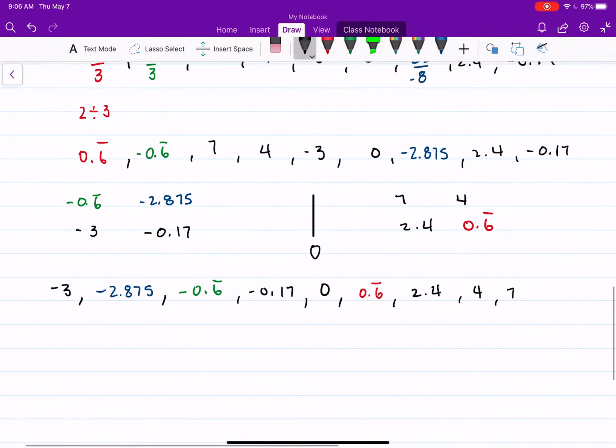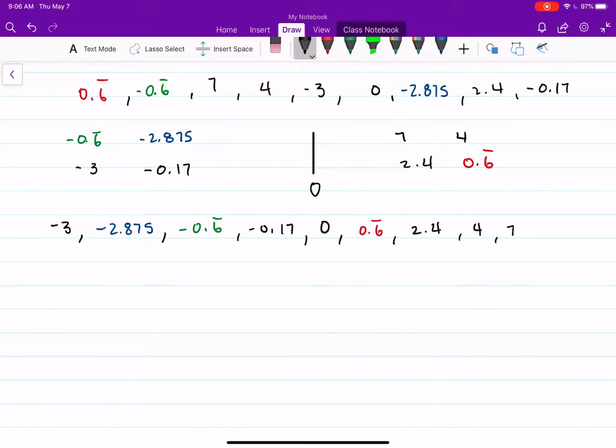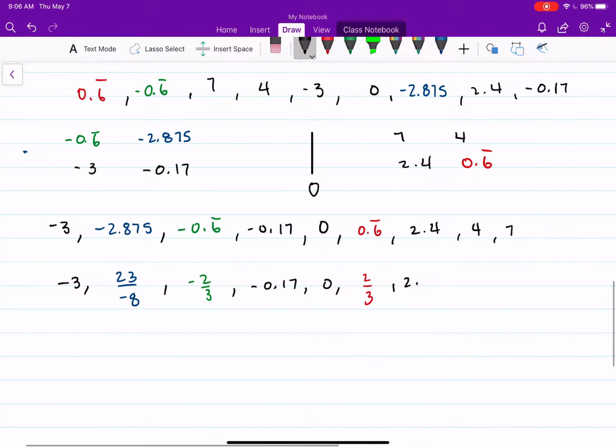Okay, so I have a -3, comma, 23 over -8. In fact, I'm going to change this back to navy blue. And then I have -2/3, then -0.17, then 0, then 2/3, then 2.4, 4, and 7.